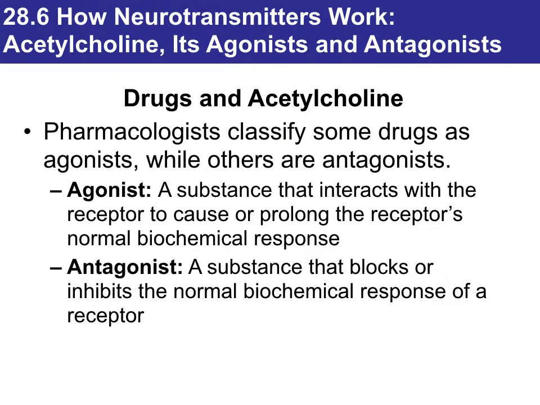But things you do need to know is the classification of those drugs as agonist or antagonist. Agonists are substances that interact with the receptor to cause or prolong the receptor's normal biochemical response. And an antagonist is a substance that blocks or inhibits the normal biochemical response of that receptor.